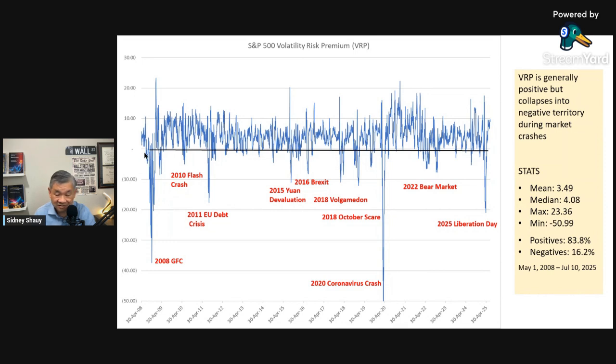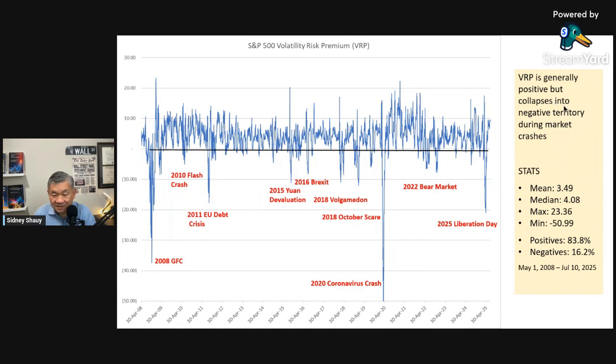Everything above the black line is positive, and everything below that line is negative. So it's generally positive. Remember, we said at the beginning, 80% of the time. Actually, it's 83.8% of the time, based on this database going as far back as April 2008.